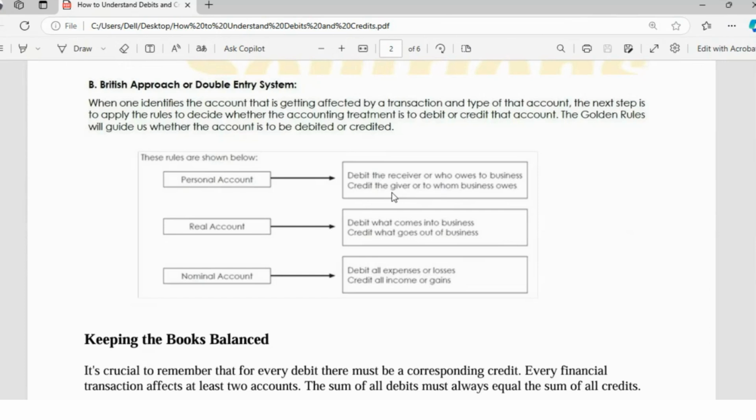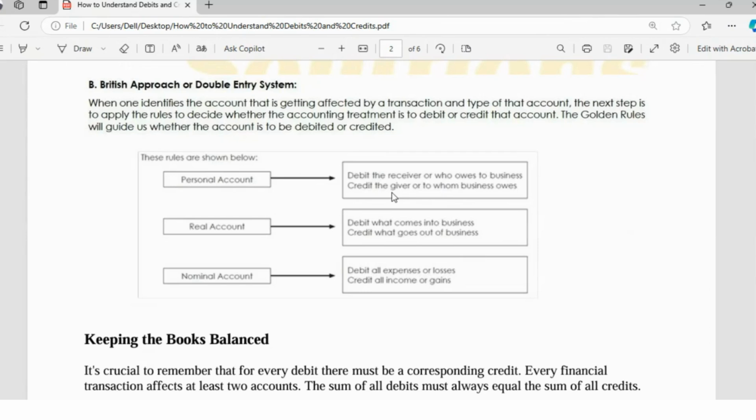And similarly, the real accounts, you will debit what comes into the business. Let's say real accounts, some examples like cash, it comes into the business, so you will debit the cash whenever you receive it, and credit what goes out, whenever you are paying, similarly the cash out, and we will credit that.